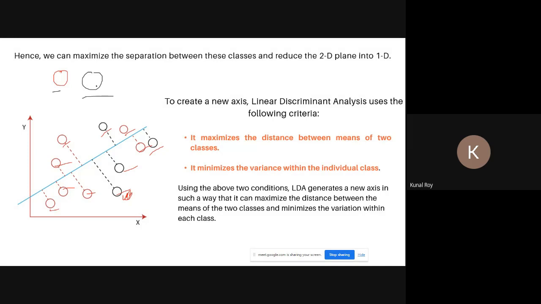So this black circle is one dependent variable, say x1. This red circle is another independent variable, say x2. So this x1 and x2 are distributed into different forms, but they are continuous. You can say that they are continuous.